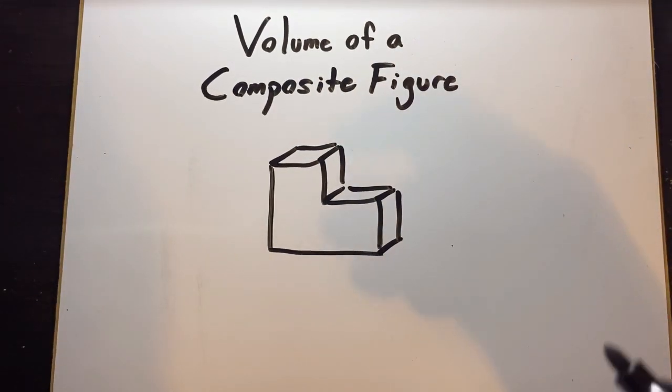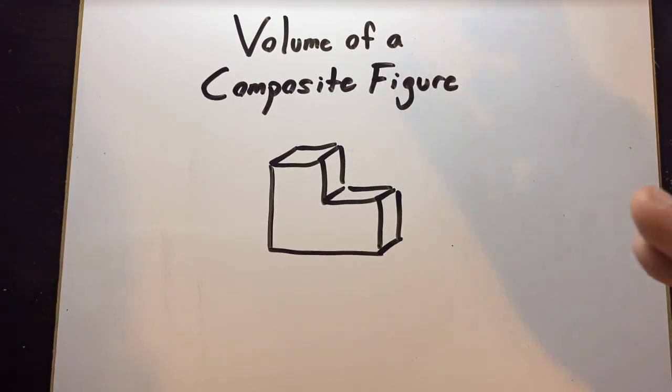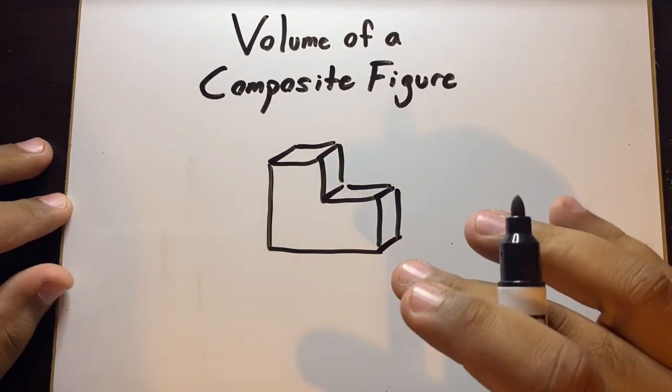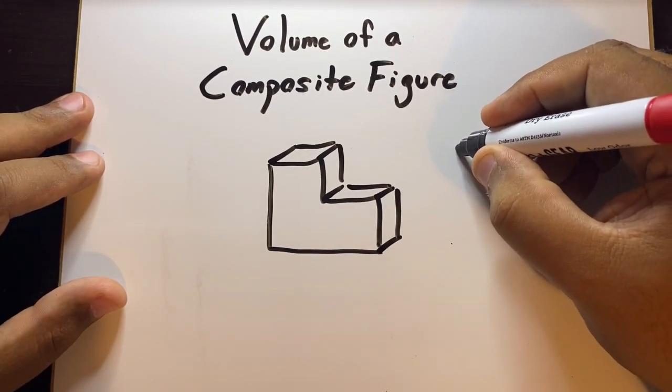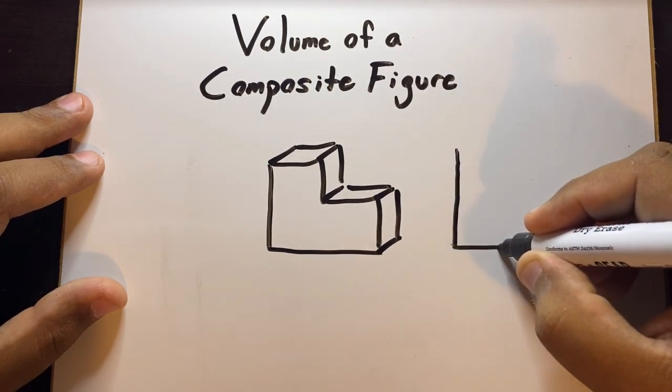Now, these tend to be very difficult for students because they don't know how to find the volume of this. So here's a quick way to figure that out. I'm going to redraw this, and I'm going to do it in a way that helps you understand just a little bit more.